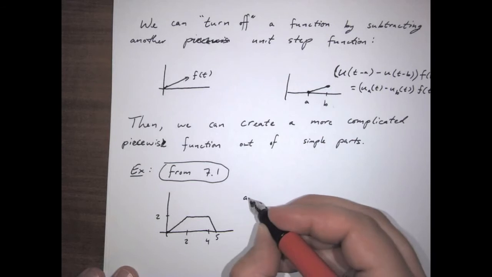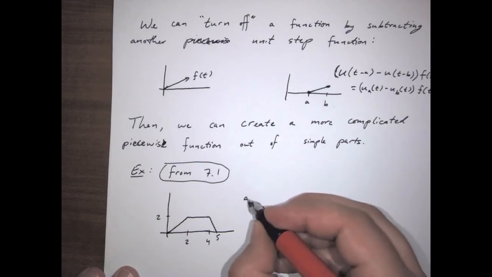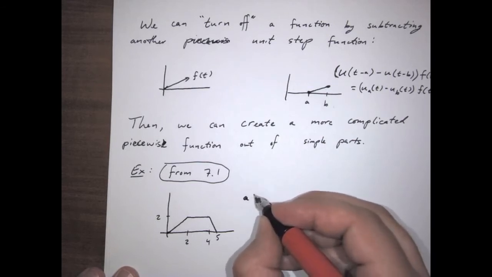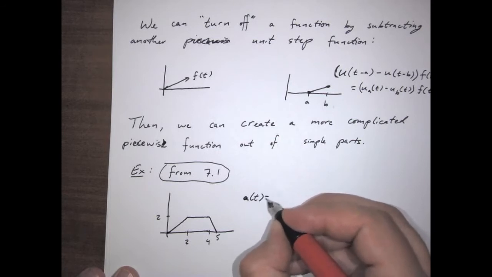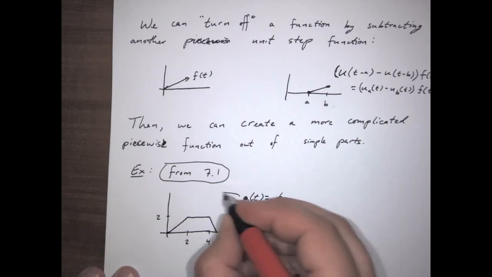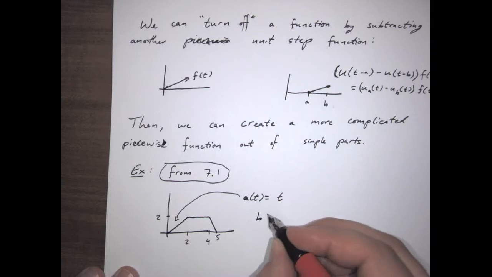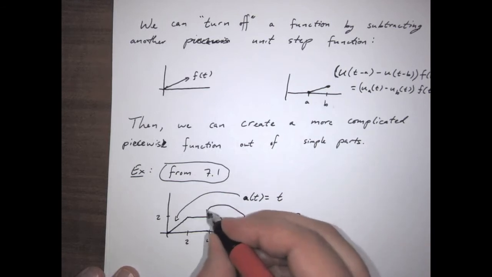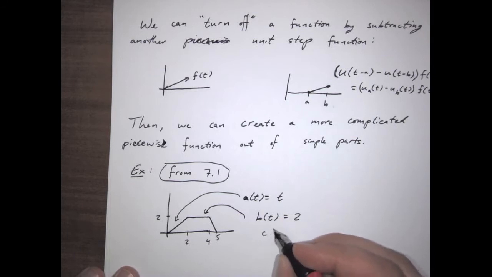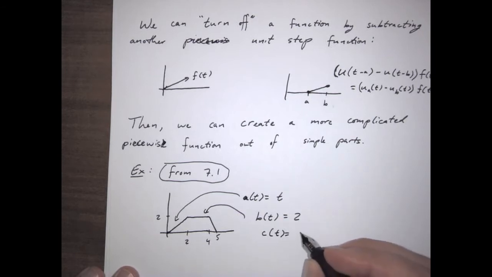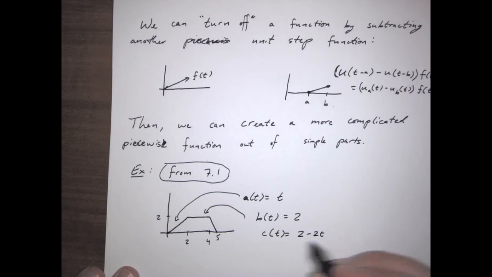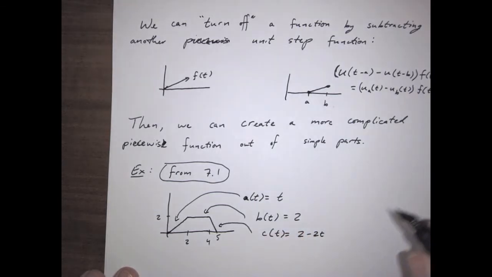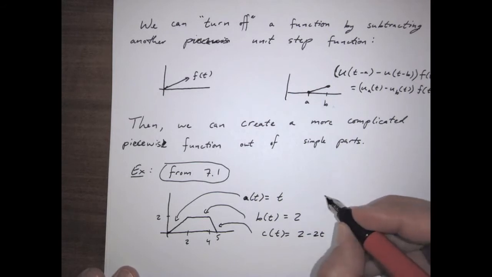So let's call this 3 parts. Let's say a of t is equal to just t, and that's the first part. b of t is equal to 2, that's the second part. And c of t is equal to 2 minus 2t. That's that last part. But each shifted.